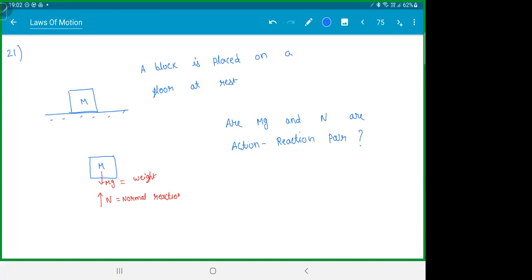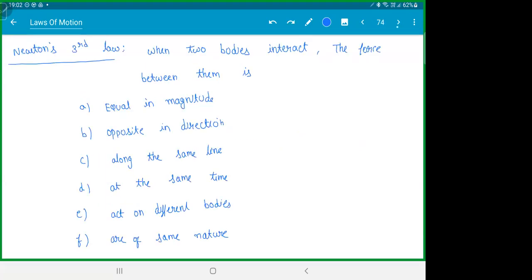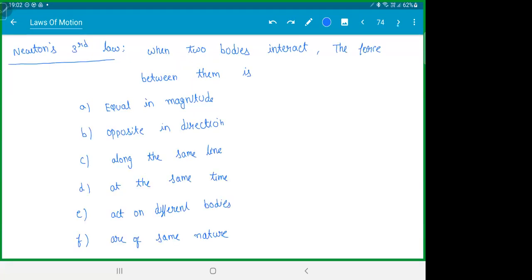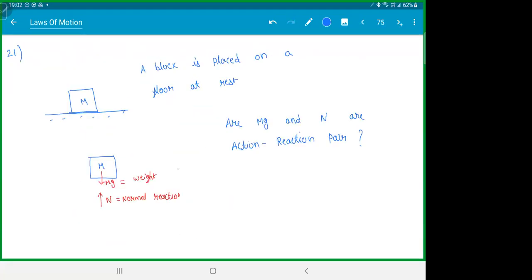Now, let's look at the points. First, they should be equal in magnitude. Chalo, they look equal. Second, they're in the opposite direction. Fair enough. Along the same line, fair enough. Same time, fair enough. On two different bodies, gone. They're acting on the same body. They should be of same nature.